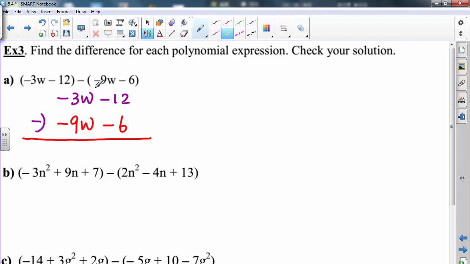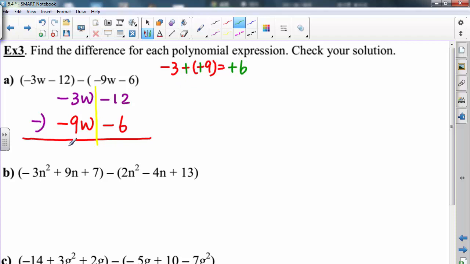So right now, I only need to subtract the coefficients in each column. Negative 3 minus negative 9. Follow what we did in the first two examples. I change minus to adding an opposite to the second number. So negative 3 plus positive 9 becomes positive 6.